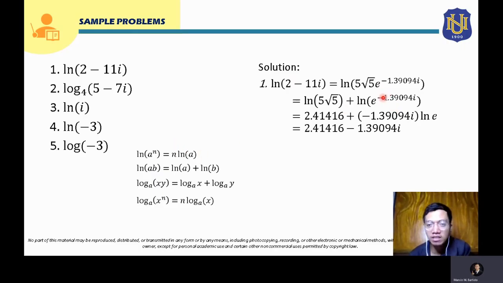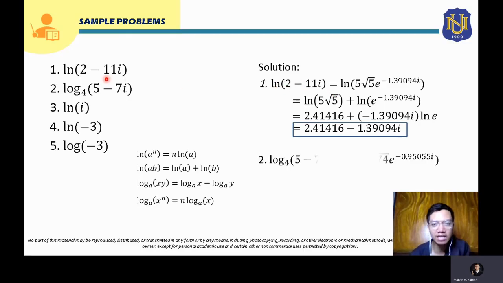So here we can also bring down this power, negative 1.39094i, beside ln. What will remain here is ln e, and as we know, the value of ln e is actually 1. Even if you check that in your calculator, ln of e is 1. So what will remain here is just negative 1.39094i. This will be the answer, the equivalent of ln of 2 minus 11i.